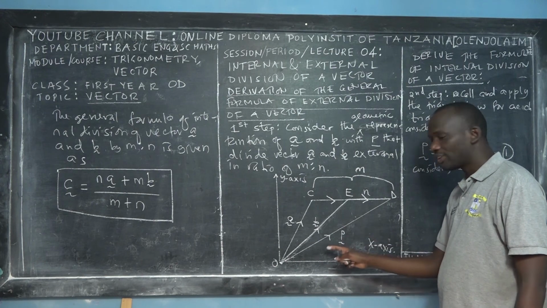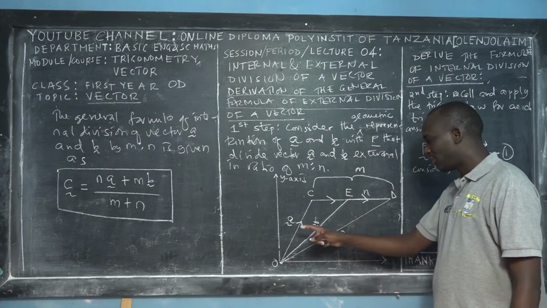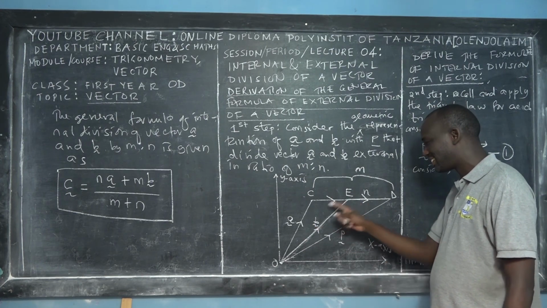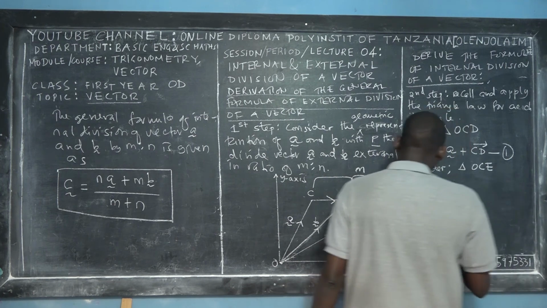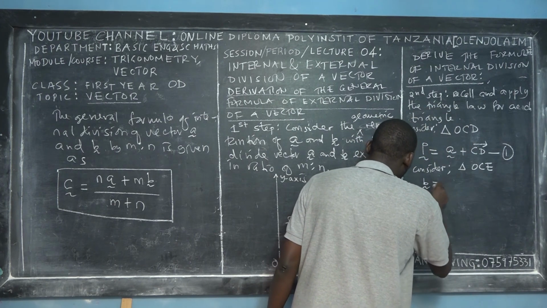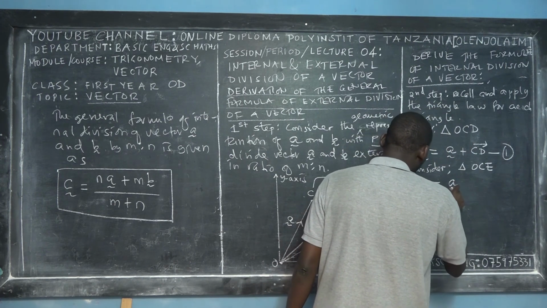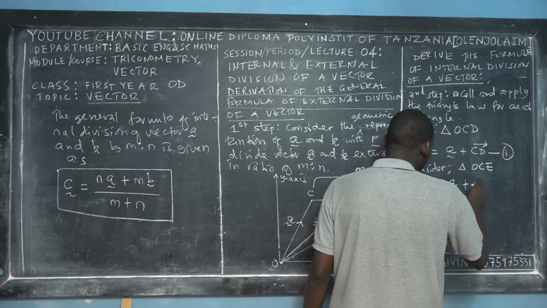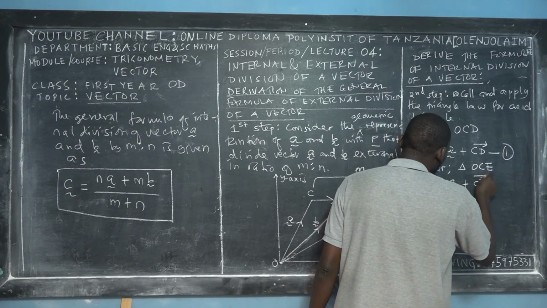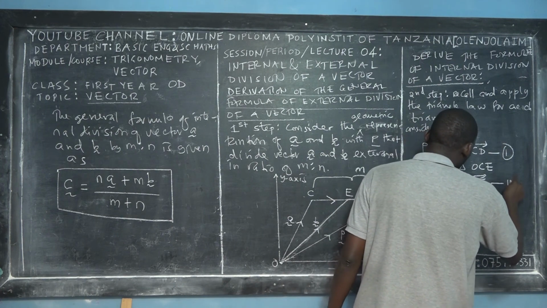So what is the resultant vector here? Vector B. Through the ratio, you will understand the resultant vector and the other vectors. So the resultant vector B is equal to positional vector A plus displacement vector, which is CE. So this is the second equation.